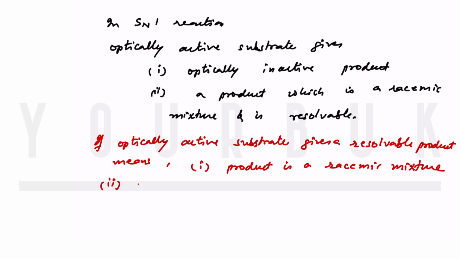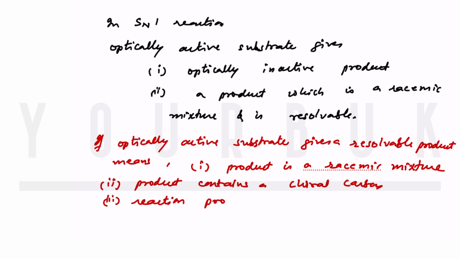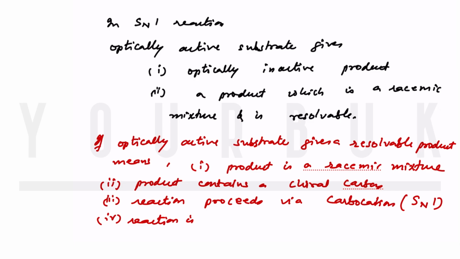Second, the product contains a chiral carbon. It means the reaction proceeds via carbocation and follows the SN1 mechanism, and is given by highly crowded haloalkanes.